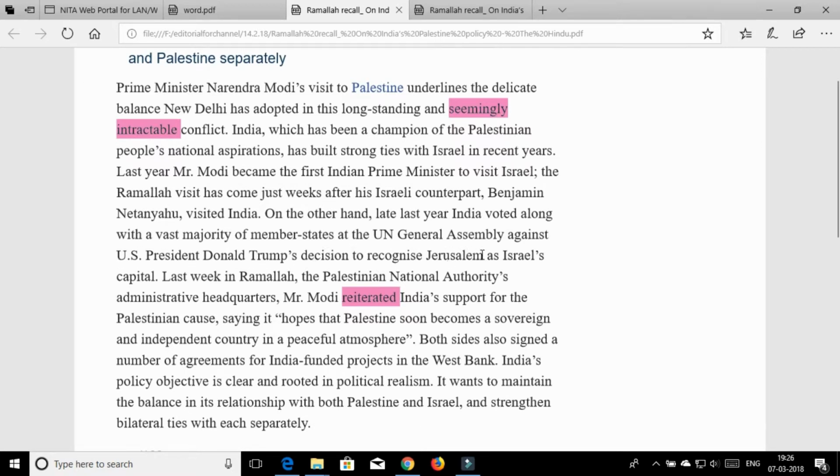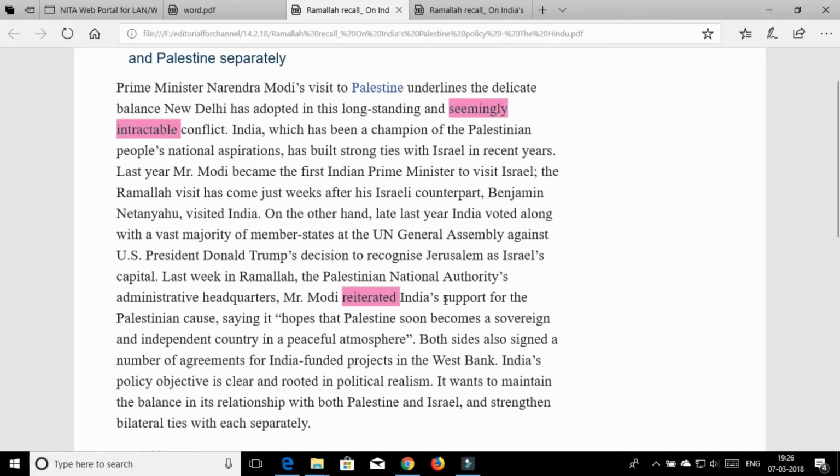Last week in Ramallah, the Palestinian National Authority's administrative headquarters, Mr. Modi reiterated, Mr. Modi said something in order to emphasize India's support for the Palestinian cause.